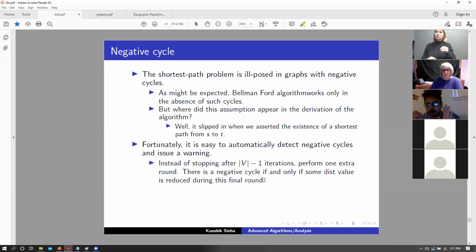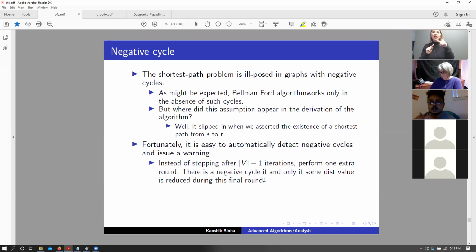Okay, then we talked about Dijkstra, then we talked about Bellman-Ford, where Bellman-Ford is essentially an algorithm that allows us to work with negative edges as well. And Dijkstra does not allow us to work with negative edges. However, Bellman-Ford will still not be able to work if we have negative cycles.